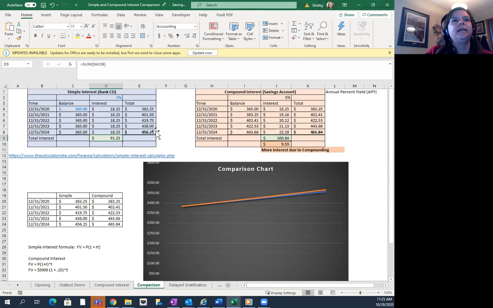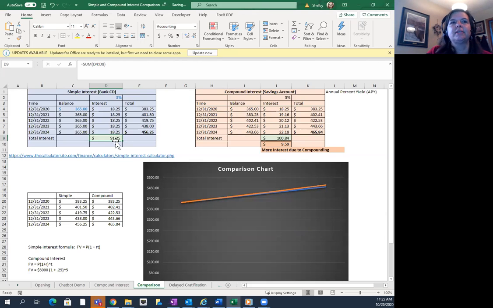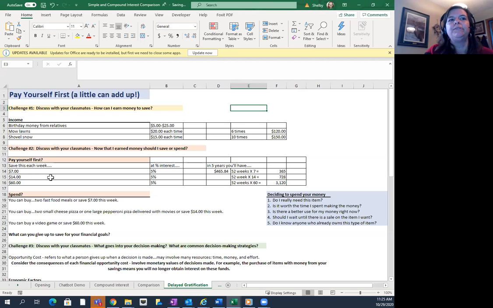And so if we did it just with simple interest, you were going to have that 91.25 that you made in interest, only giving you 456.25. But your compound interest, as you can see, gave you 465.84. So let's go back and look at the next one. What if you took your $14 a week and you did that?